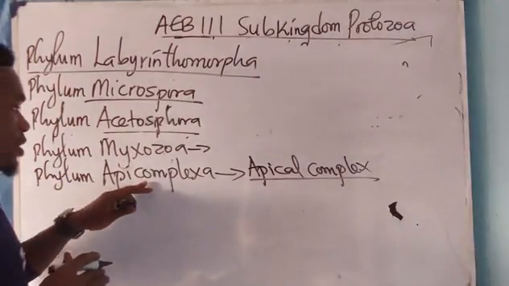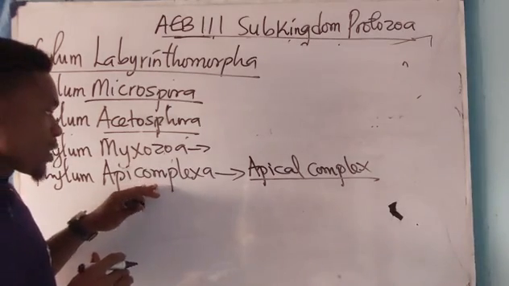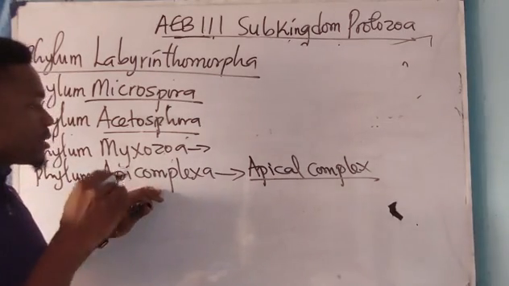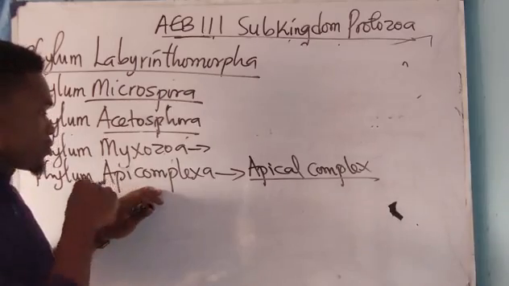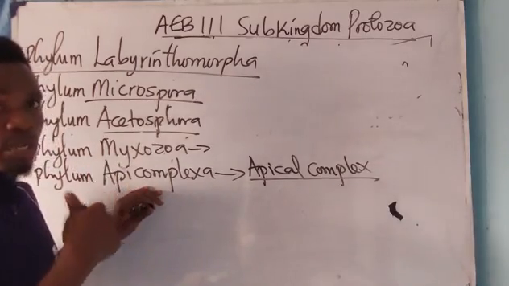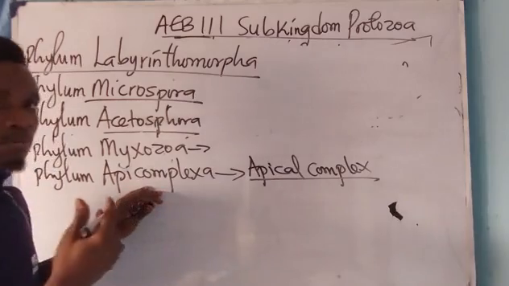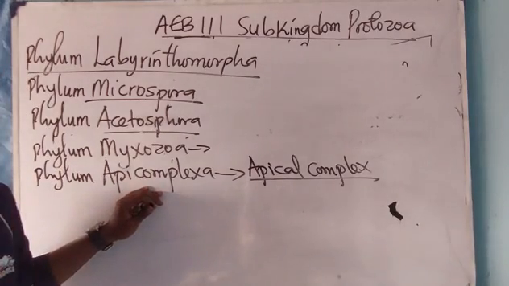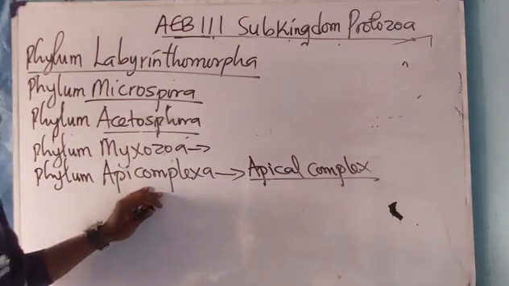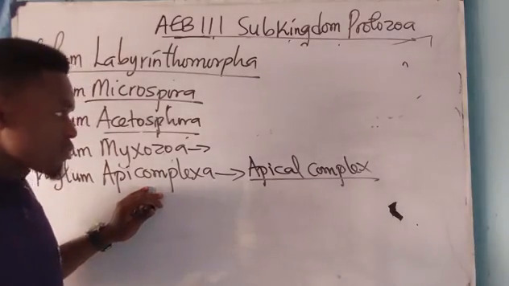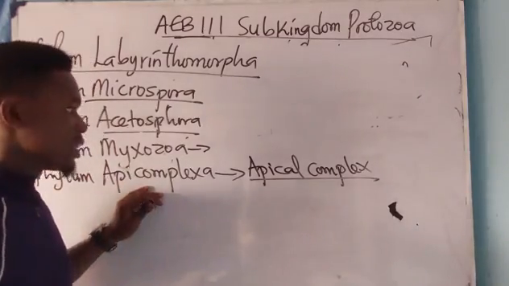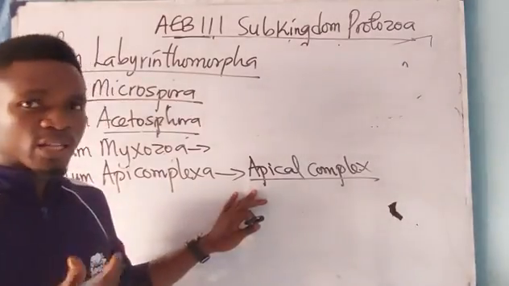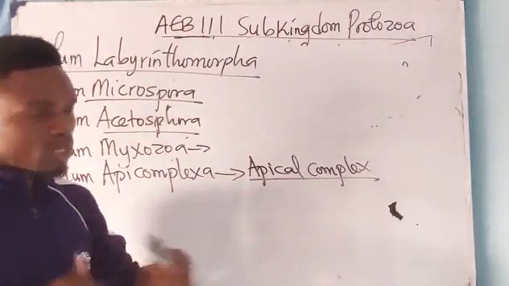Then if I don't call this protozoan, I can also call it pathogen. The pathogen of malaria is Plasmodium. If I don't say pathogen, I can also say protozoan. The protozoan of malaria is called Plasmodium.